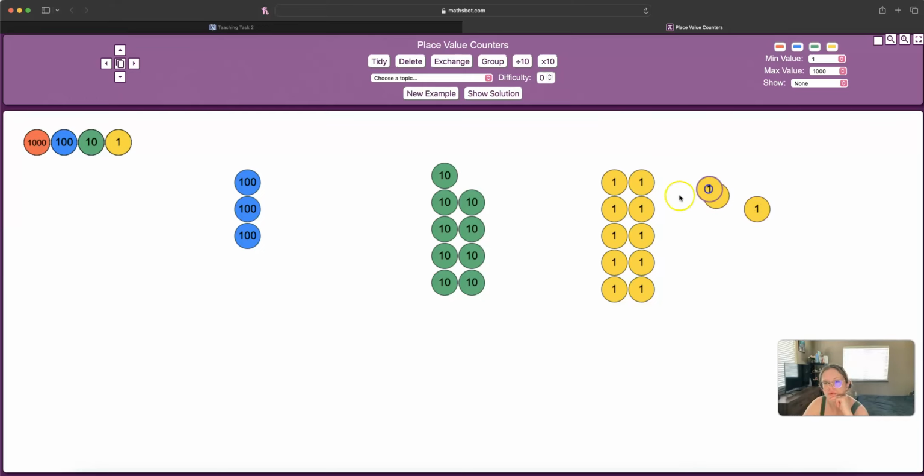1, 2, 3, 4, 5, 6, 7, 8, 9. Remember, we're going to delete it. We don't need it anymore. So we have 1, 2, 3, 4. We have 13 minus 9, which is 4. And you may be asking yourself, why are we saying 13 minus 9 when it's 403 minus 159?